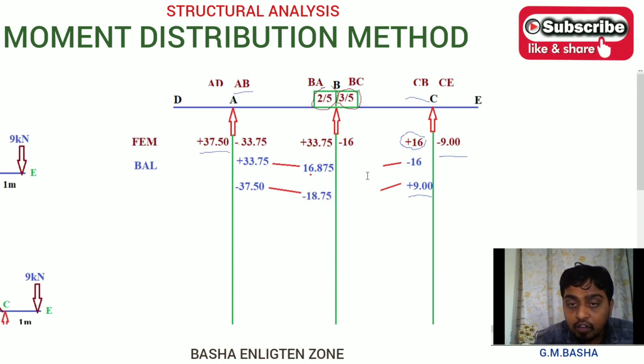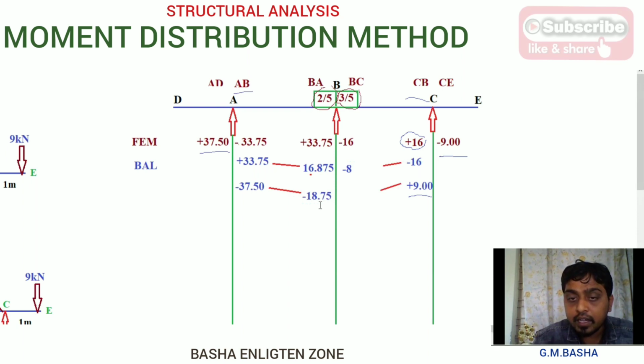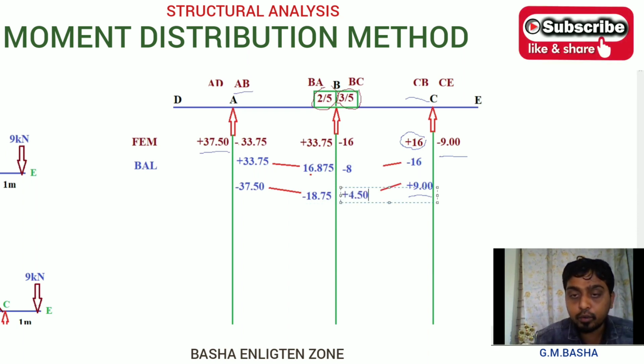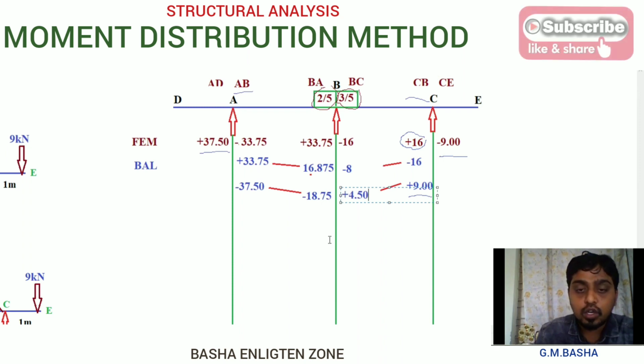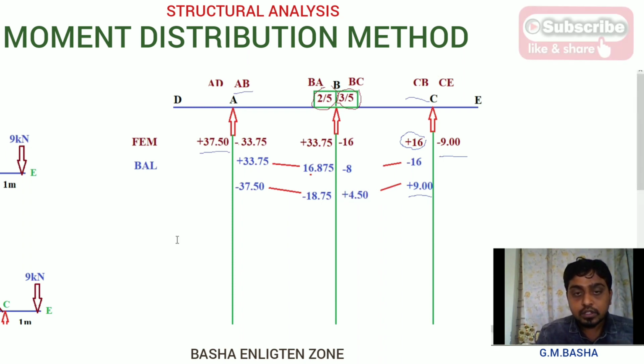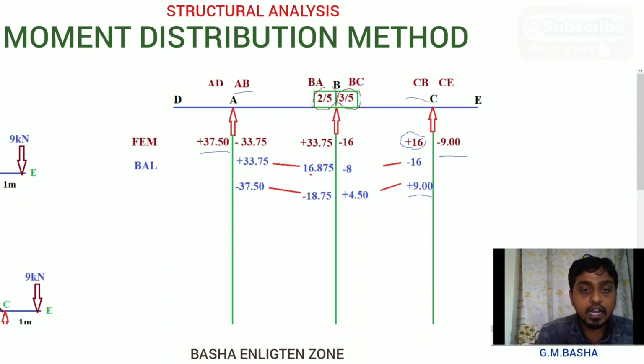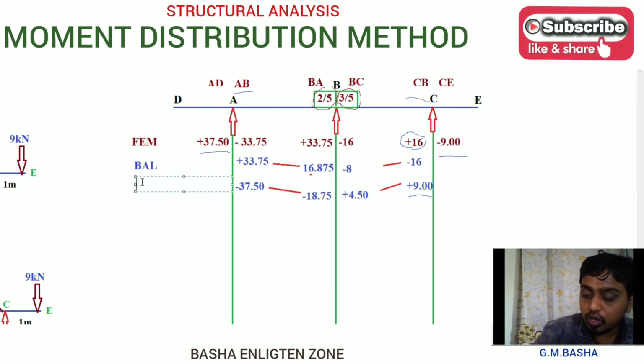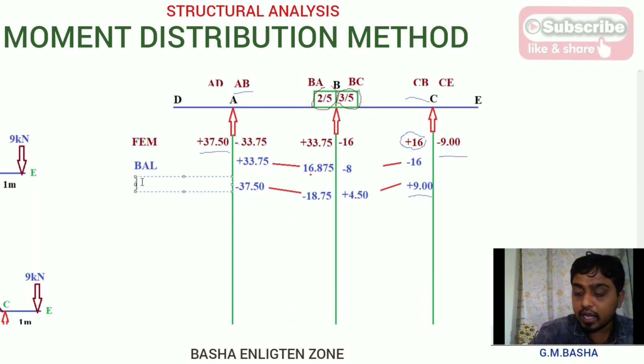Similarly, if I am carrying half of the moment to here, minus 16 divided by 2, you will get minus 8. And again, if I am carrying half of the moment, plus 9 means plus 4.50, 9 by 2 means 4.50. I am just carrying half of the moments to the other end. Then after that, I am adding all the values. So this is the carry over step.